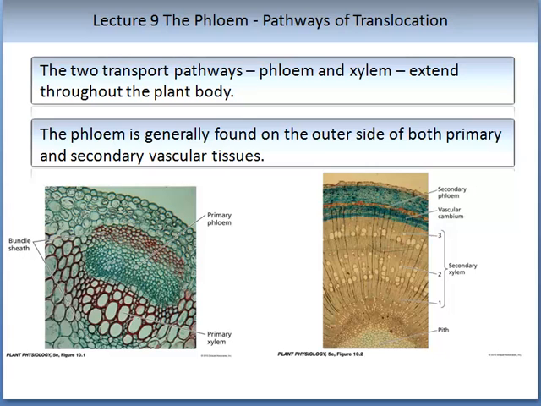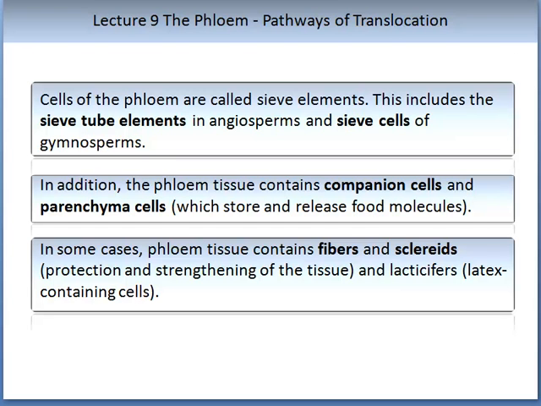There are two transport pathways, the phloem and the xylem, and they extend throughout the plant body. The phloem is generally found on the outer side of both the primary and secondary vascular tissues. The figure on the side illustrates both xylem and phloem structure. Cells of the phloem are called the sieve elements.